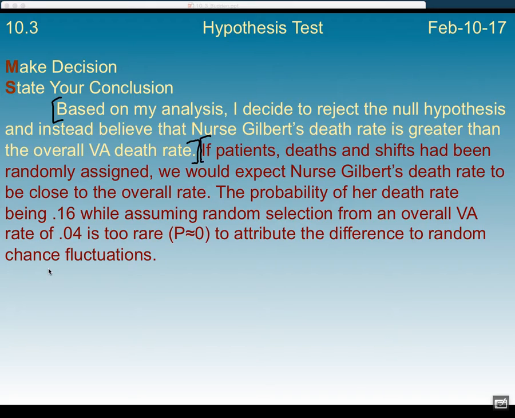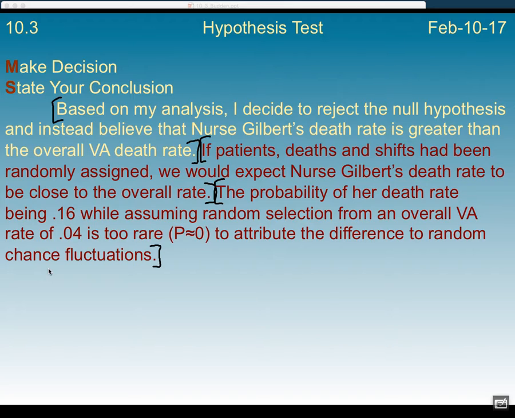This sentence accounts for the fact that all of the assumptions were not met. Normally you're going to have the first sentence and the last one, not the middle one. The middle one is just saying we're assuming random sample. This last sentence is the one you have to memorize. This interprets the p-value.